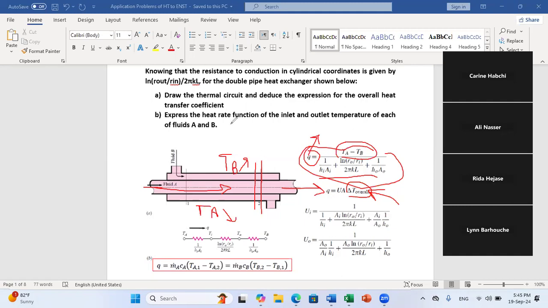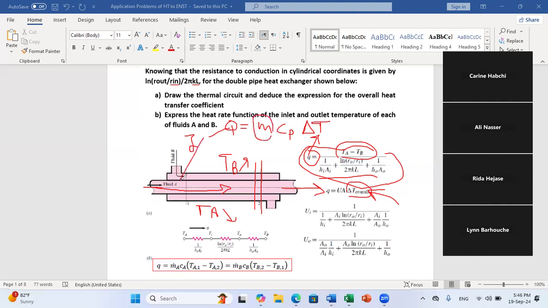So since we know that Q sensible is m Cp delta T, and whenever we talk about Q in this form, it's in joules. When we say m Cp delta T, it's in joules. But if we want to express it in joules per second, meaning per unit time, then instead of having m, we talk about m dot.